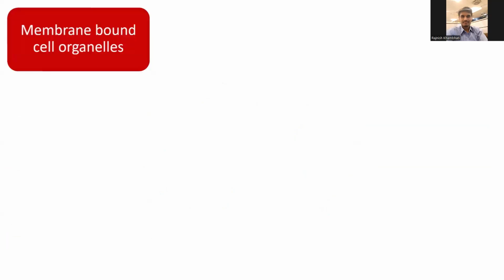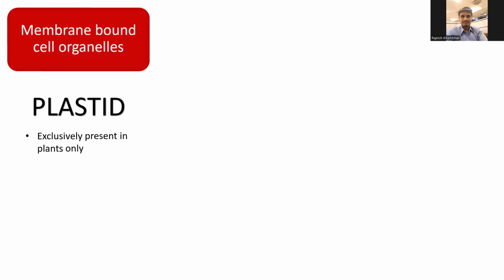Next membrane-bound cell organelle is plastid. They are exclusively present in plants only. They are normally storage granules because they store anything inside them.